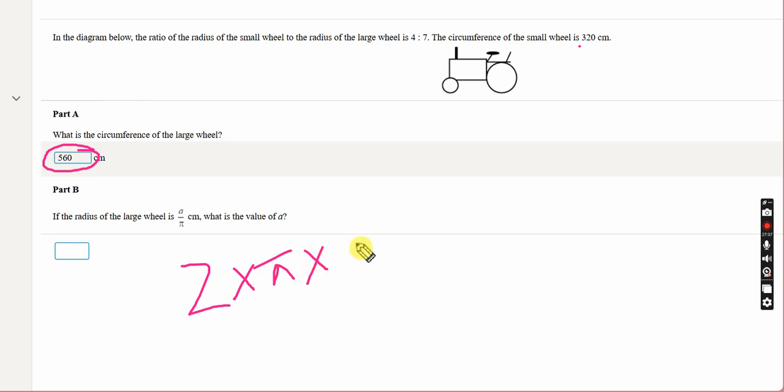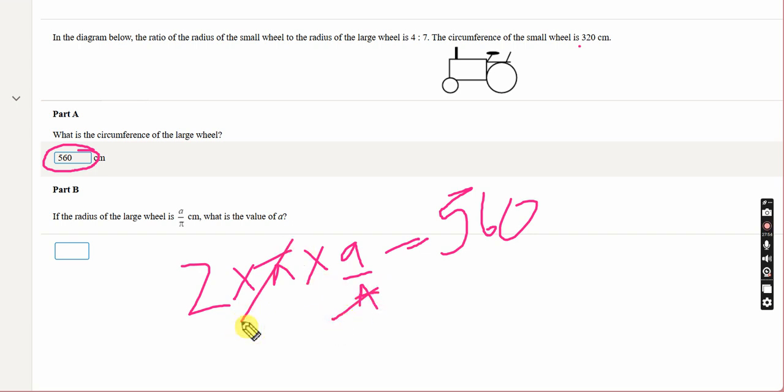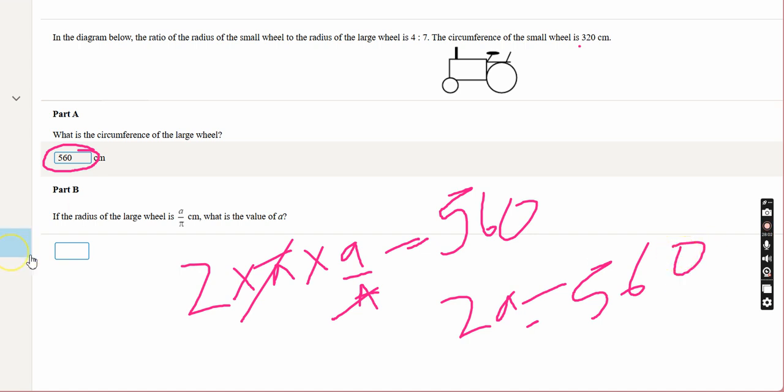Now r is a over pi, which equals 560. Don't make a mistake, don't equate it to 320. You'll get the wrong answer. They said the larger wheel, so we can only equate it to the larger wheel. Now you cross out the pi here and here, 2a. 2a equals 560. You divide and you get 280. So this will be the answer in this one.